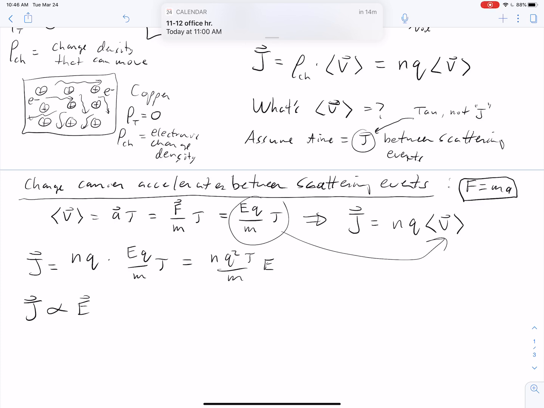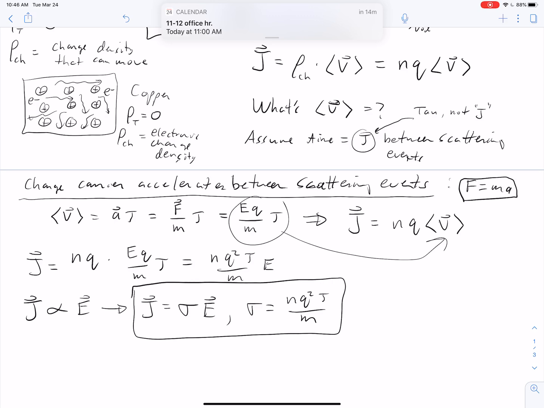And the proportionality constant we'll call sigma. J equals sigma E, where sigma is equal to nq squared tau over m. And this is the big result. And it's a very beautiful result.